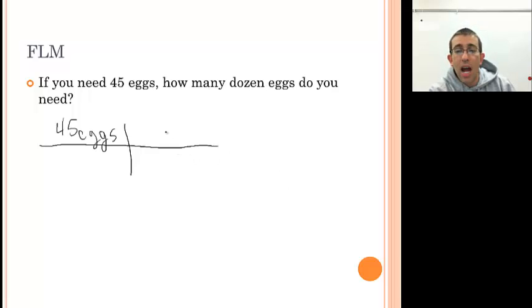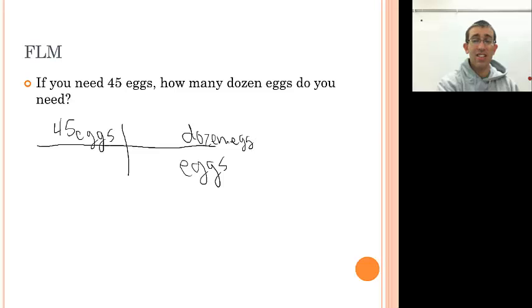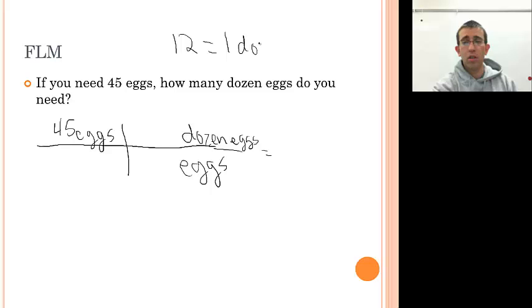Alright, now, no numbers yet, just units first. I know I want to get rid of eggs, and I want to go to how many dozens of eggs. Now, maybe you know this off the top of your head, maybe you don't. What the heck's a dozen? Well, if you don't know, 12 is equal to 1 dozen.